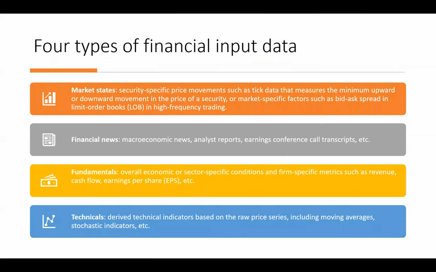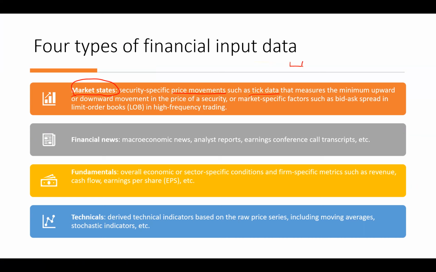There are four types of financial input data, so let's look at them one by one. The first is market states, which describes the overall state of the market. For example, it can be the price movements in the form of tick data. What is tick data? Tick data is the minimum unit of price movement.